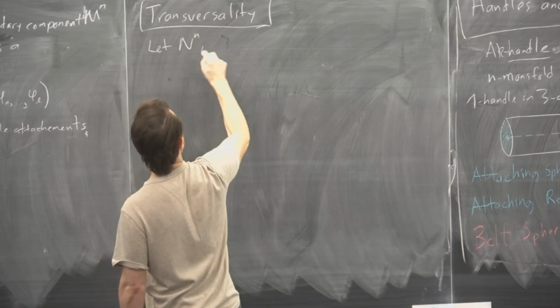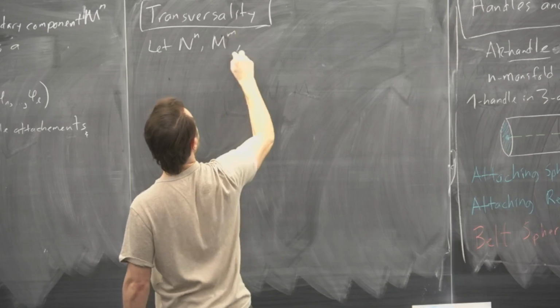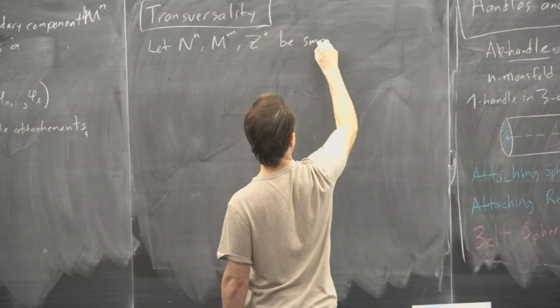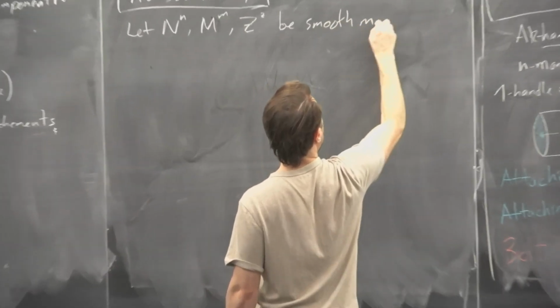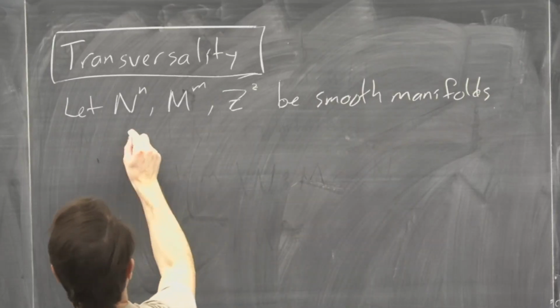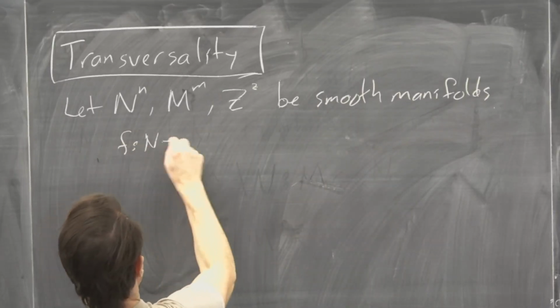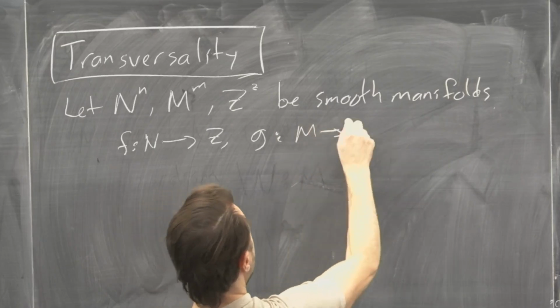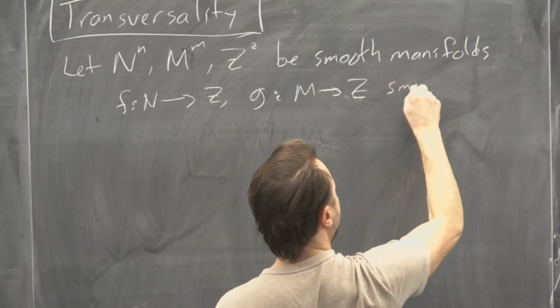So let N, of dimension n, M, of dimension m, and Z, of dimension z, be smooth manifolds. Let f from N to Z and g from M to Z be functions.